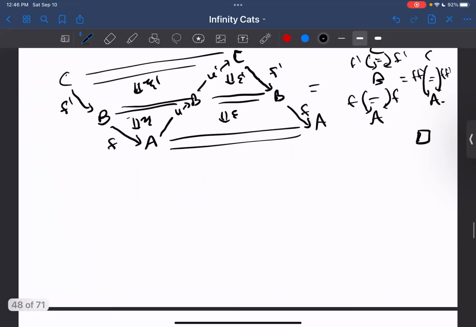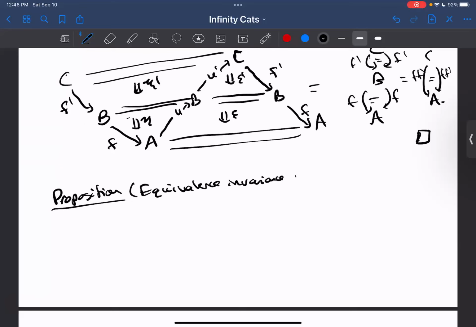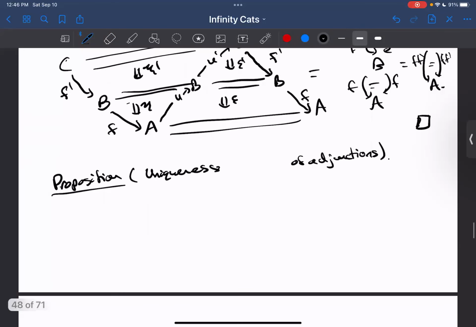All right. So now we can prove another proposition. Equivalence and invariance of adjunctions. Or not quite equivalence and invariance yet, but rather just uniqueness. Equivalence and invariance comes later. So uniqueness of adjunctions.